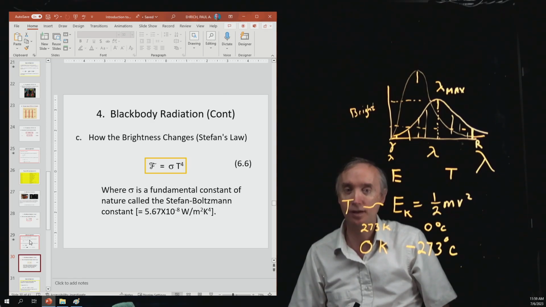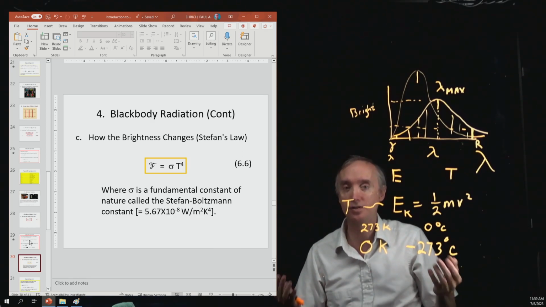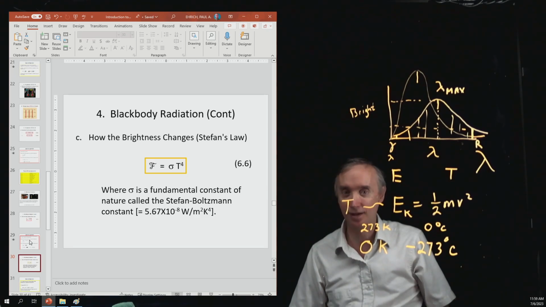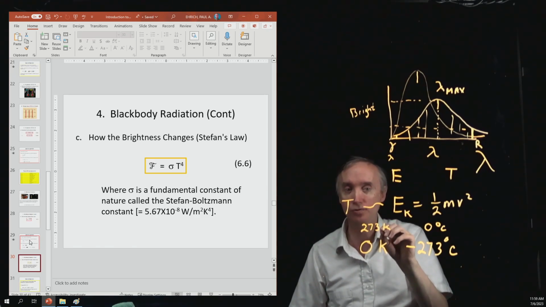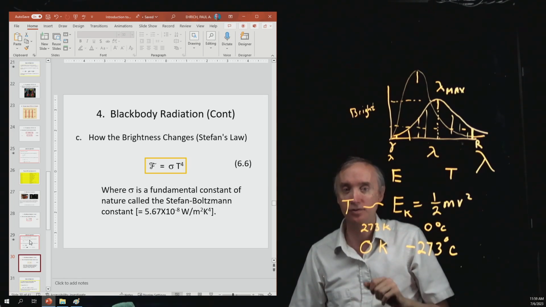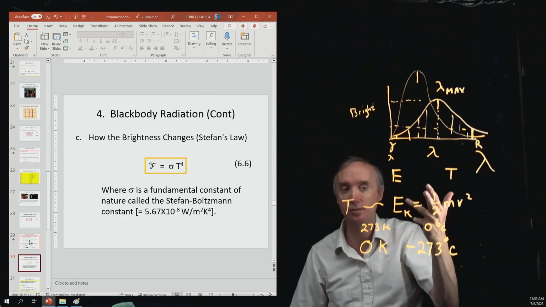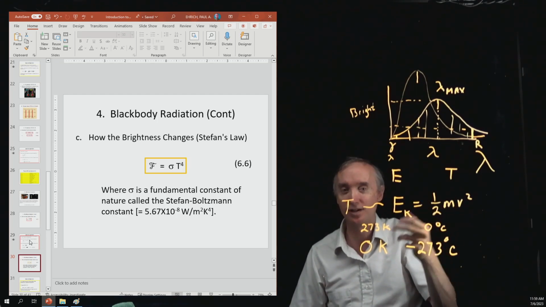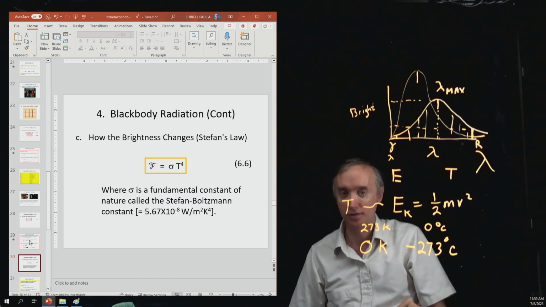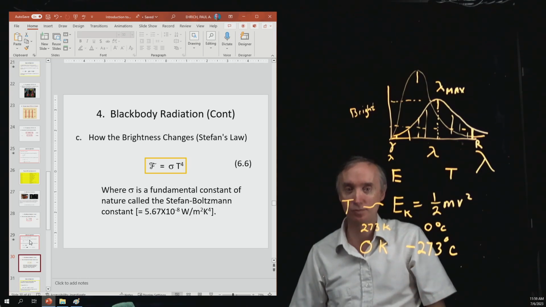Because you might have been thinking if I double the temperature, I double the brightness, but it doesn't. Because look at what you have to do to that T. You've got to raise it to the 4th power. So if you double the temperature, it would be 2 times 2 times 2 times 2, which is going to be 16. So it's going to be 16 times brighter if you double the temperature.